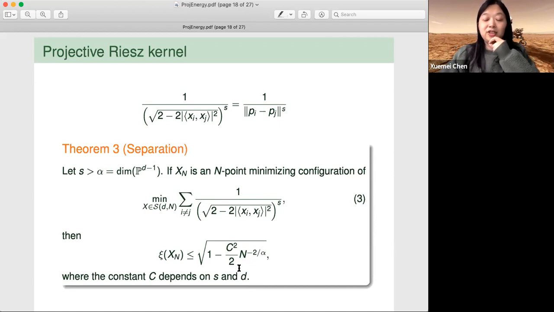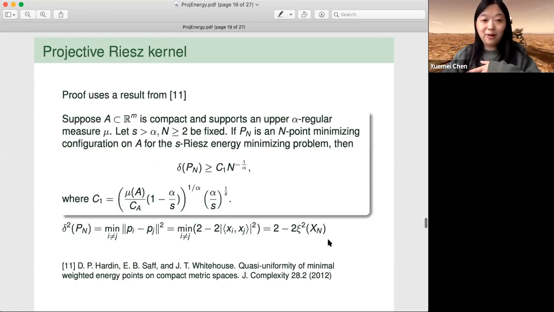Pretty much the proof of this theorem, like I mentioned earlier, comes from the established results about Riesz energies.